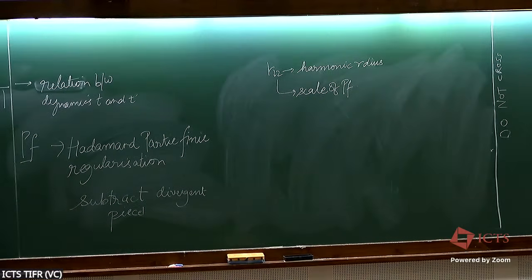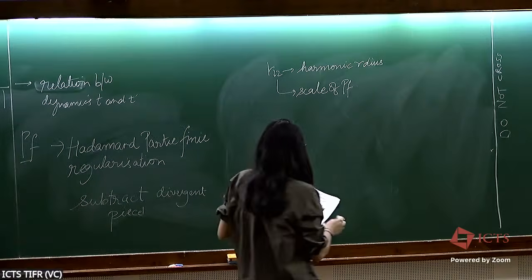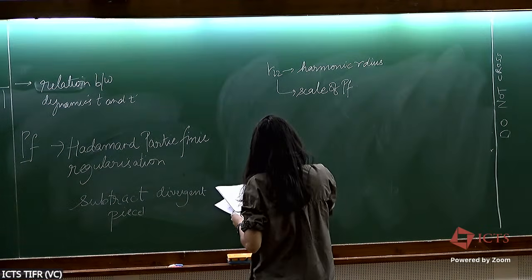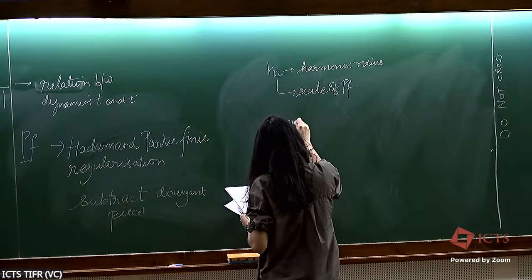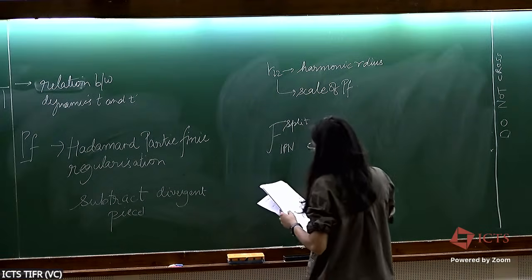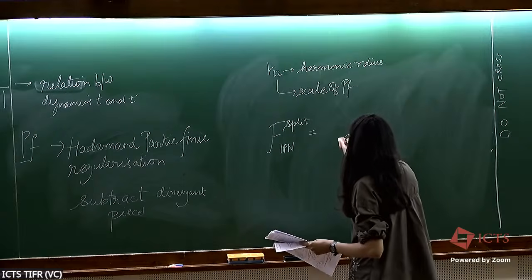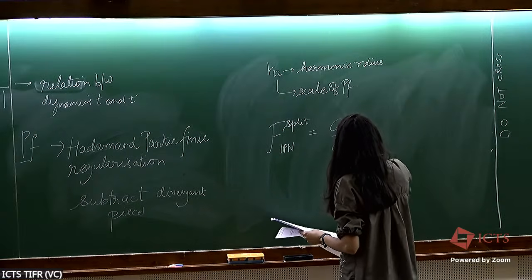And this final piece, which I said is this F1PN split, is the flux. I mentioned that it should be made up of the source multipole moments, so it looks like this.